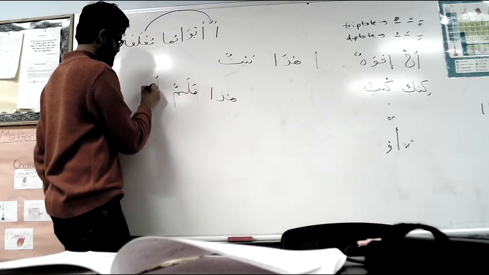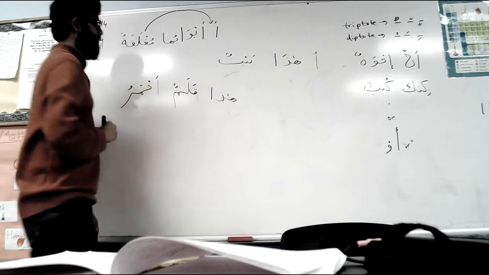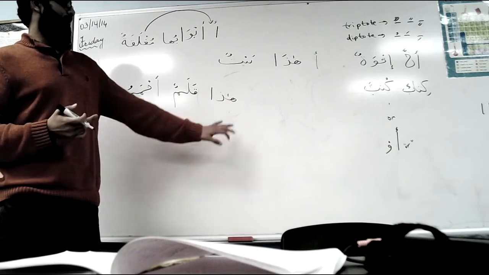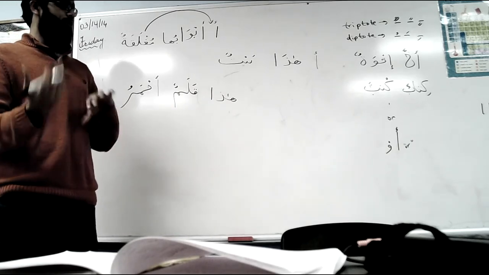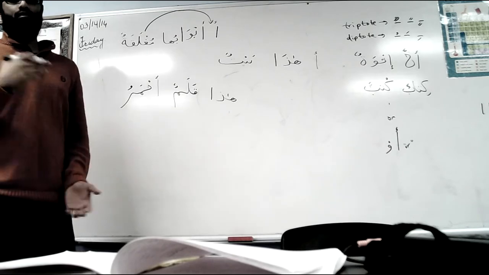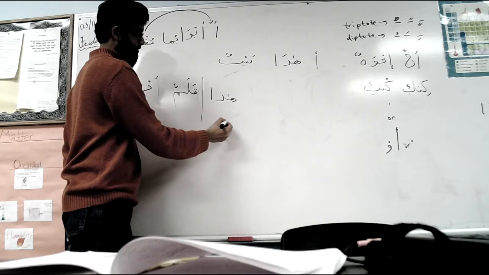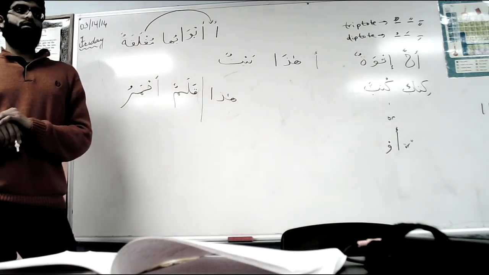All right, so let me just pick one. What's hada? This. Okay, what is it? Is it subject, predicate? Subject. It's a subject, right? So this is the mubtada. Okay, what's qalam? A pen.